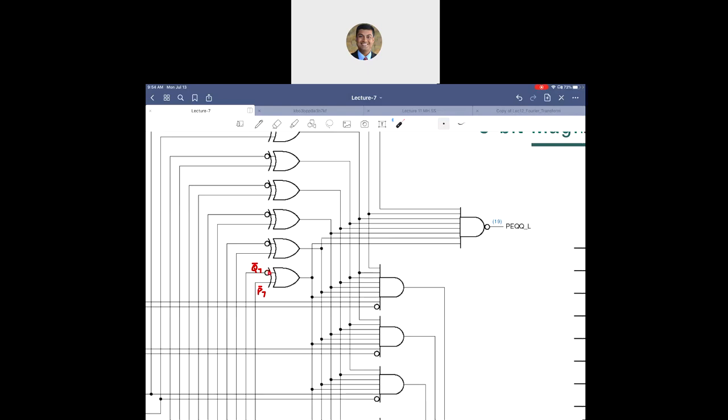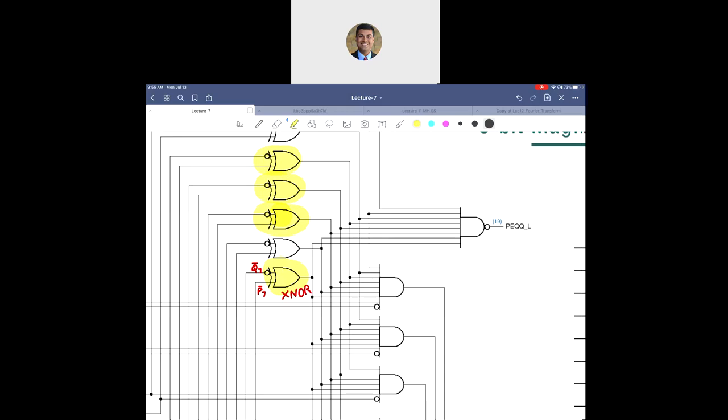And if they are different, I can use an exclusive OR gate to find out the inequality detector. So this one is an alternate way of saying exclusive NOR. And as are all of these.